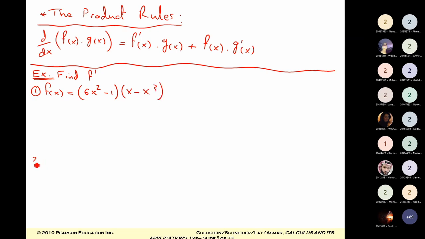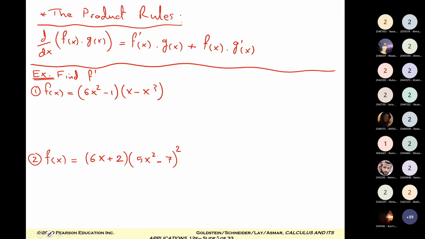Number 2, we need to find f of x equal 6x plus 2 multiplied by 5x squared minus 7, all to the power 2.